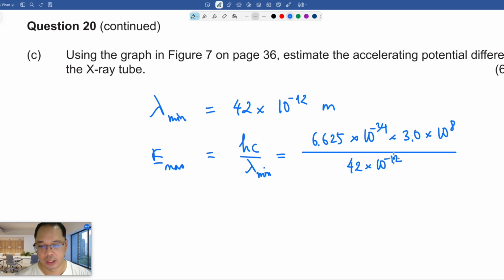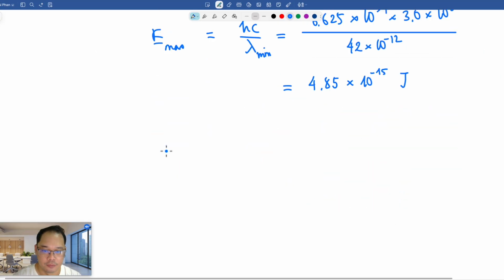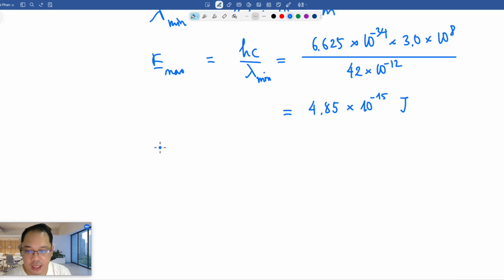We get the maximum energy, 4.85 times 10 to the power -15 joule.